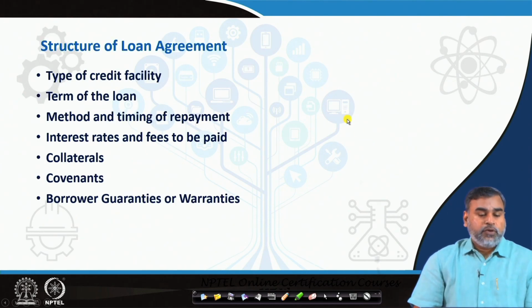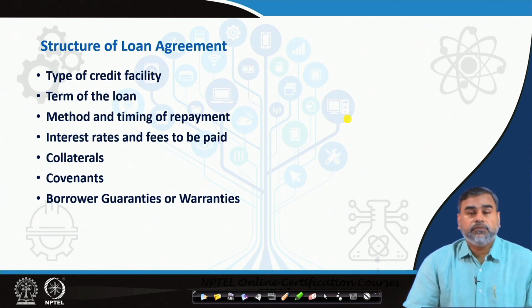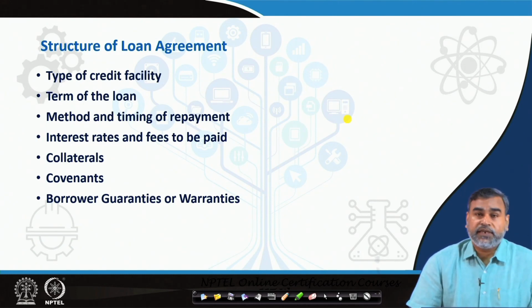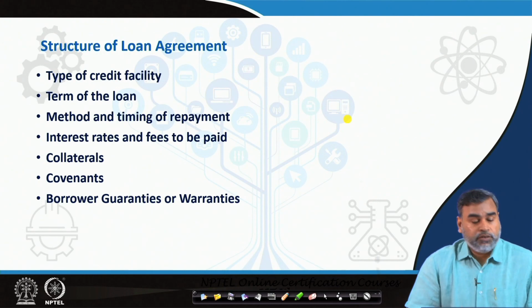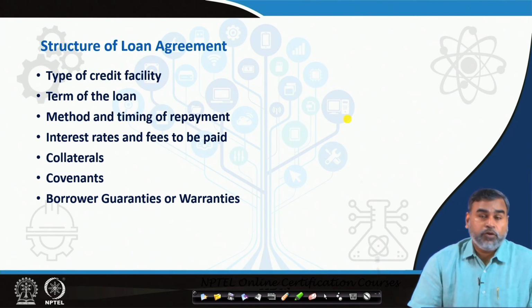What does the structure of the loan agreement look like? The type of credit facility, what kind of loan it is, how much loan and for what reason, the term of the loan, how many years, the method and the timing of the repayment, whether the money will be paid directly or in installments through the bank account, or through checks, and when the money will be paid, monthly, quarterly, like that.